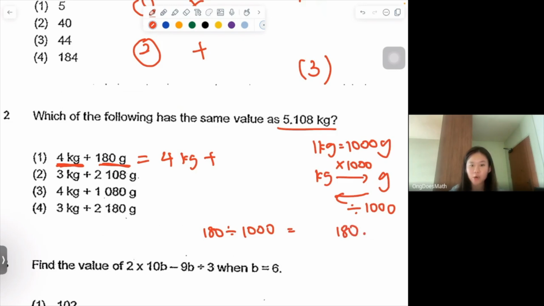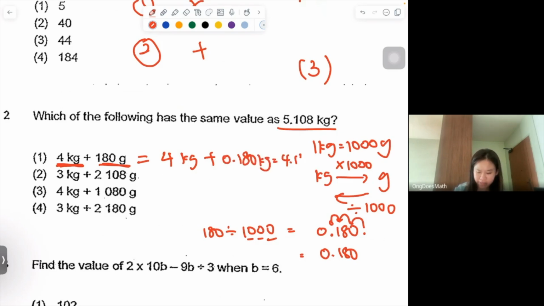For division, you will always move the decimal point to your left. So since there are 3 zeros, you move it back by 3 times. 1, 2, 3. So now decimal point becomes here. Put a 0 here, it becomes 0.180. So 4 kg plus 180 gram is 4 kg plus 0.180 kg, which will give you 4.18 kg.